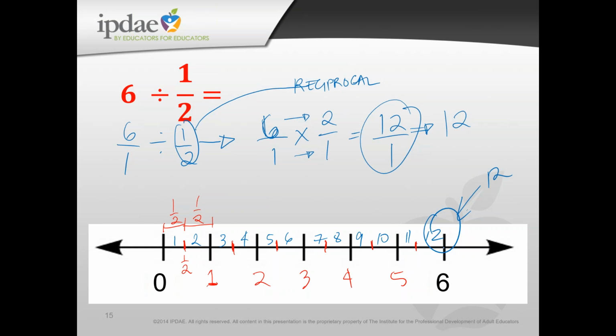In order to get 12 pieces out of this problem, the only way I can do that is to multiply the denominator into the numerator. This always works. The method of changing the operation to multiplication and flipping the second fraction was created to mimic what is happening in division on the number line.